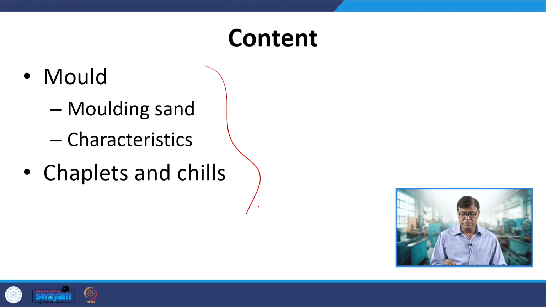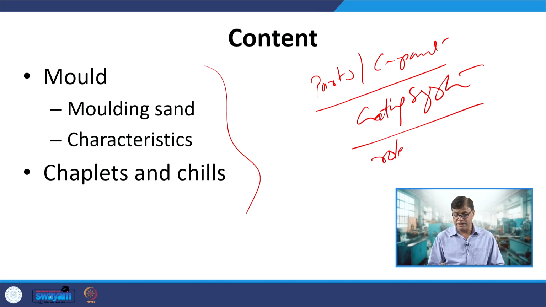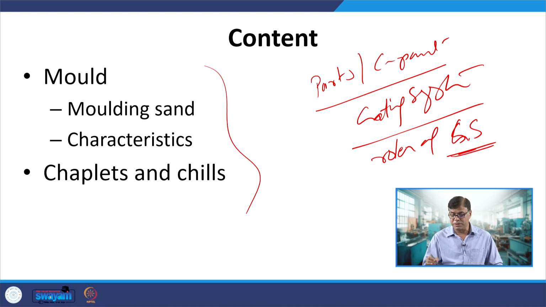Additionally, we will also be trying to see the different parts and components associated with the gating system, and what is expected from it, that is, the roles performed by the gating system. The gating system is expected to do certain things which help in development of the sound casting and realize high productivity.